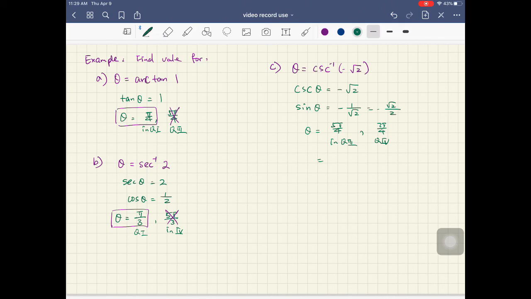In quadrant 4, it's going to be negative pi over 4. In quadrant 3, it's going to be negative 3 pi over 4. Out of those, we can see that both quadrant 3 angles, positive or negative, are not satisfied. For quadrant 4, 7 pi over 4 is not satisfied. The only one we can have is negative pi over 4.